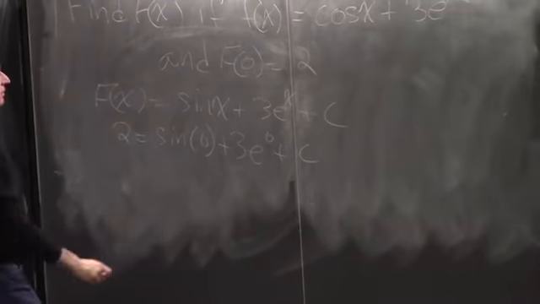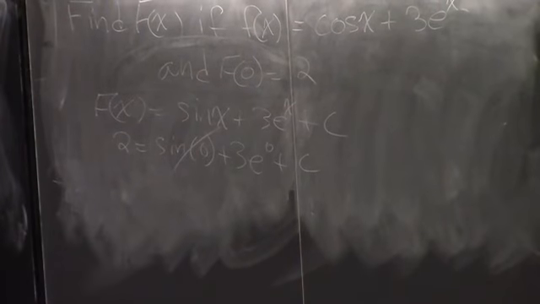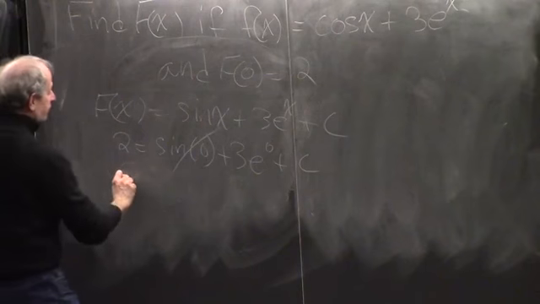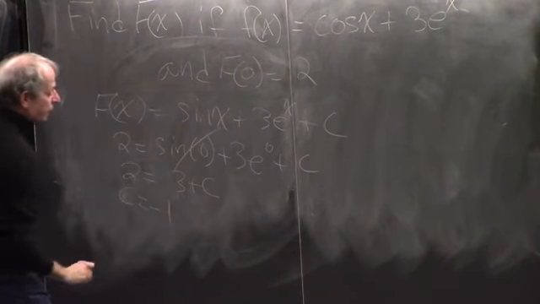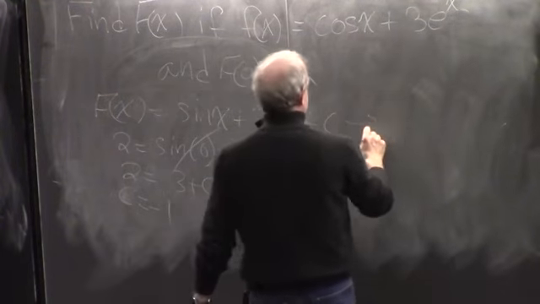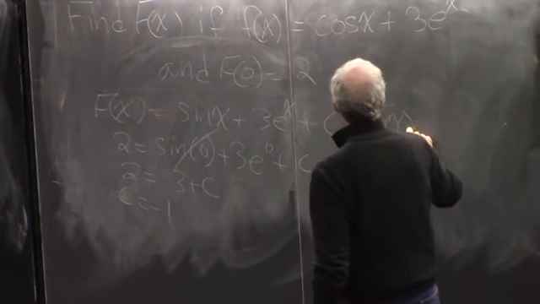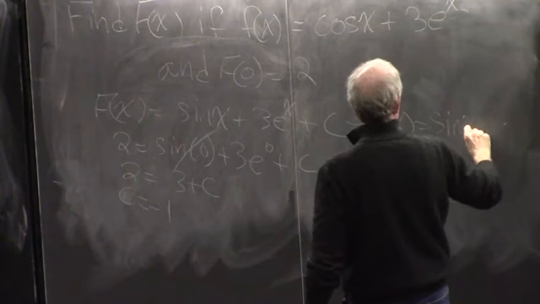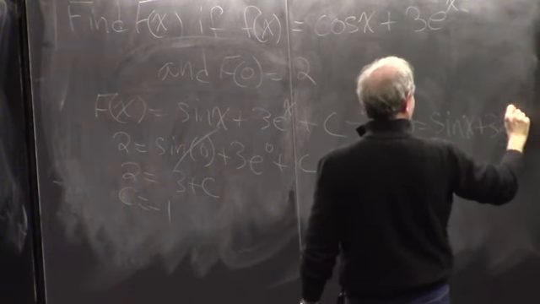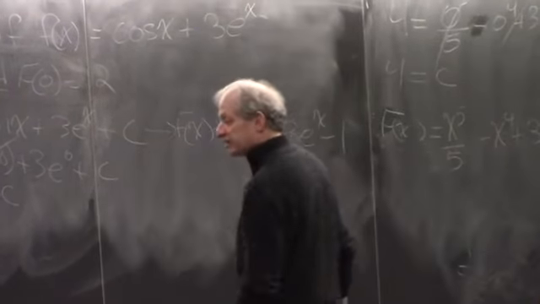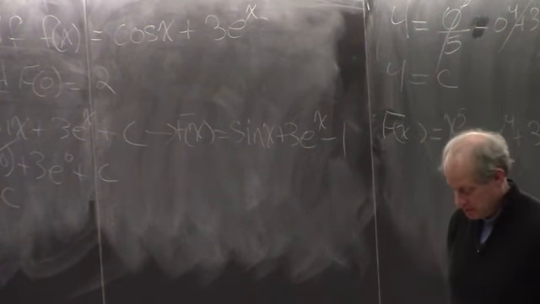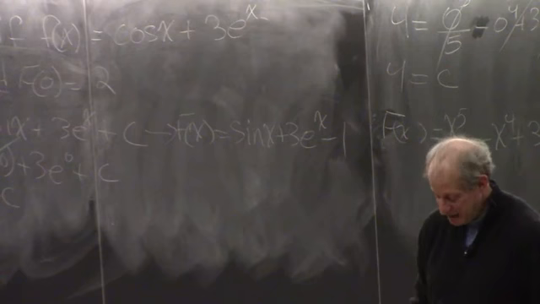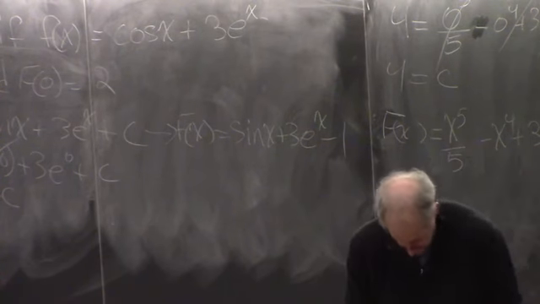E to the 0 is 1. This is 2 equals 3 plus c. C is negative 1. And that means F of x is sine x plus 3e to the x minus 1. So far, so good? Really? Happy?